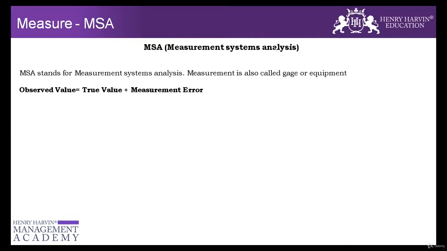The formula for measurement system analysis is: observed value is equal to true value plus measurement error. Let's take an example, and I want you to answer this.